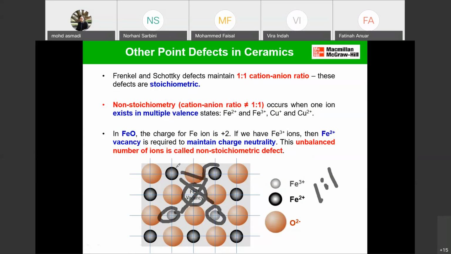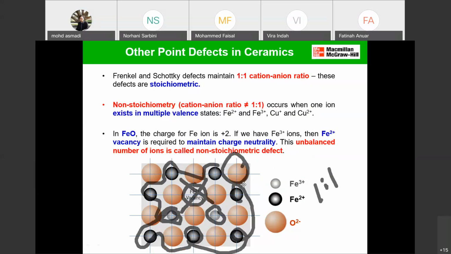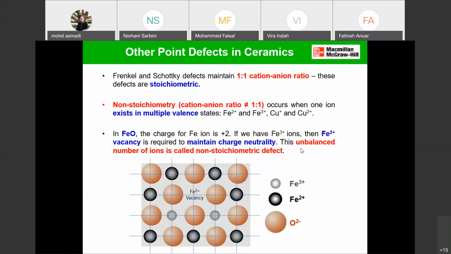If you calculate all the ferrum with the oxygen, you can see it maintains the cation and anion ratio 1:1. So this is another example of Frenkel and Schottky defects, or stoichiometry and non-stoichiometry defects. You have to remember that one.